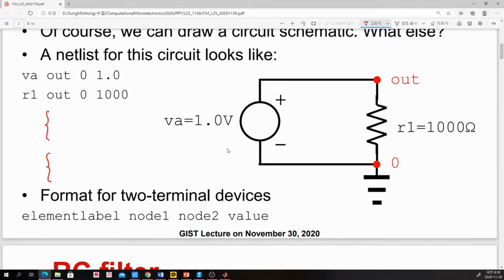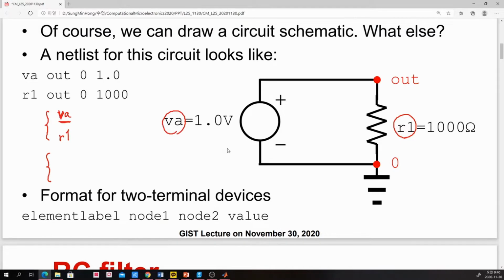First, define one file which describes the elements. For example, let's say that we have a voltage source called VA and a resistor called R1. Then in a file, I want to describe VA, also R1. Say that VA is a voltage source and it has an electromotive force of 1.0 volt, so its magnitude is 1 volt.